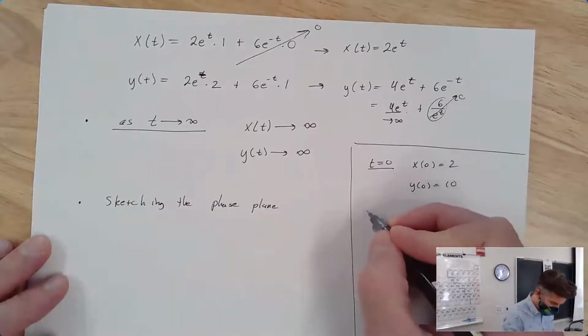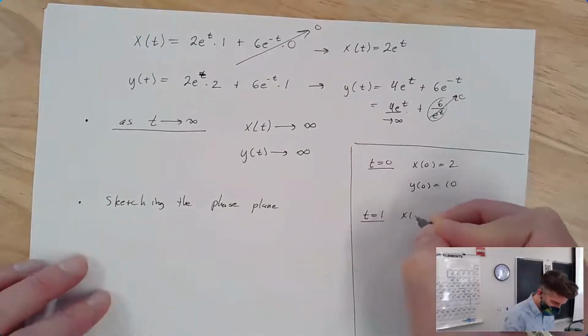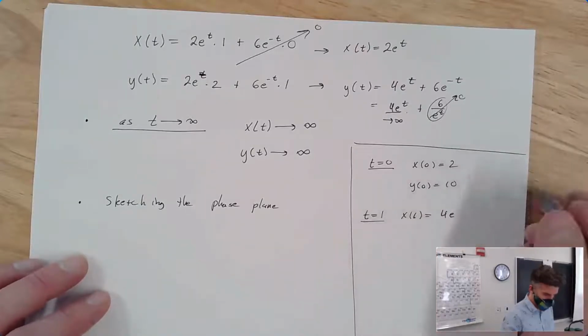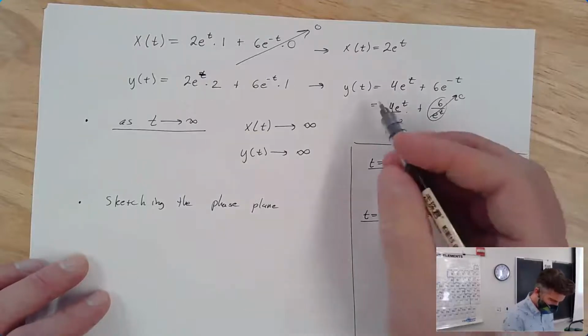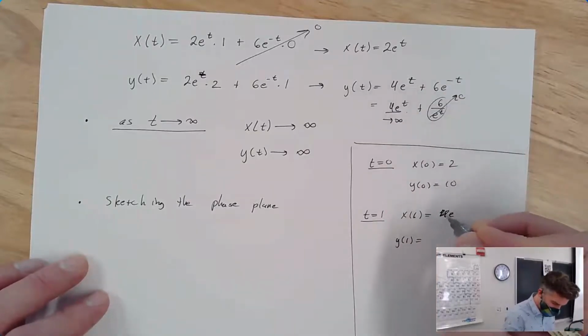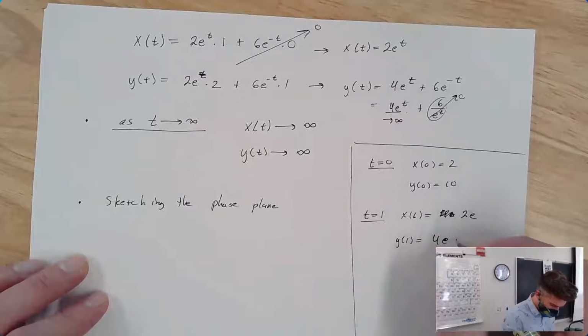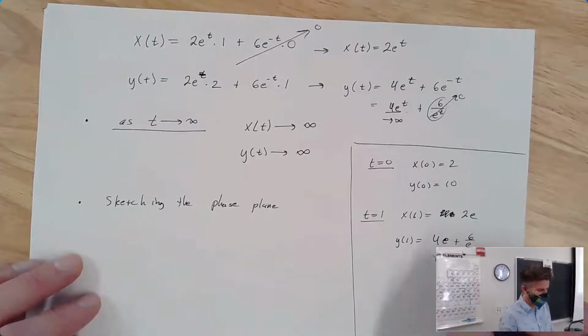At time equals 1, which I know is not an excellent number to plug in, x of 1 is going to be 2 times e to the first. Oh, sorry, that's a 2, not a 4. Apologies, I'm looking at the wrong equation. And y is going to be 4 times e plus 6 divided by e. I might actually have gotten smaller. No, it's still a little bit bigger than 10.